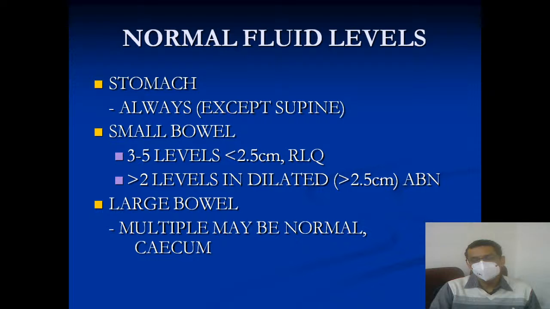That is just a plain physics principle, that any fluid in any hollow viscus or any container would have a top horizontal margin. So if you see soft tissue opacity anywhere in the abdomen in which the superior margin is a flat straight horizontal line, you can tell that that soft tissue opacity is a fluid and not a solid.